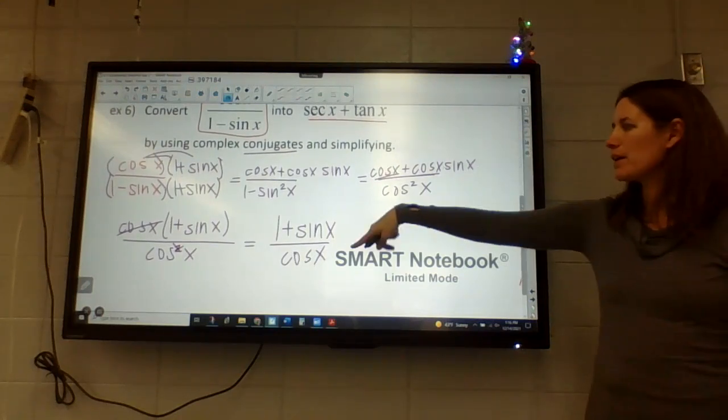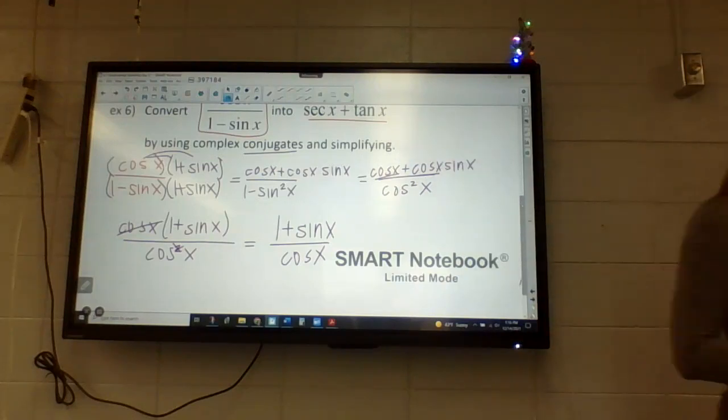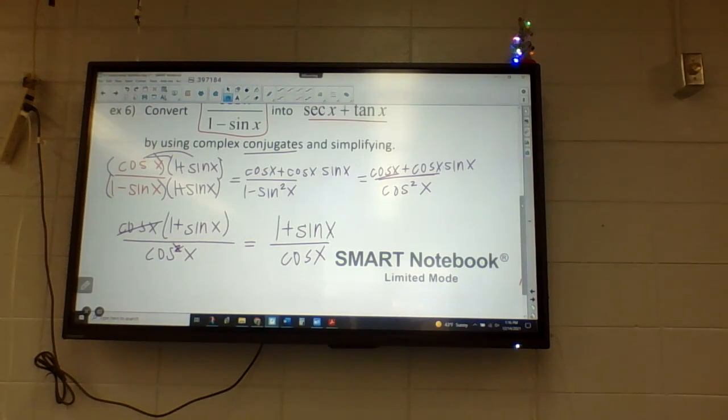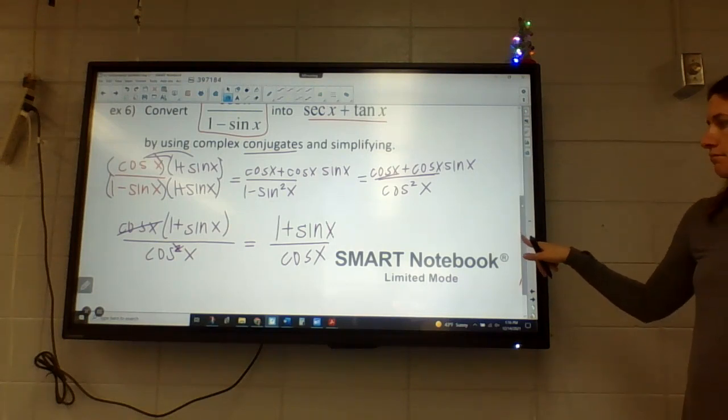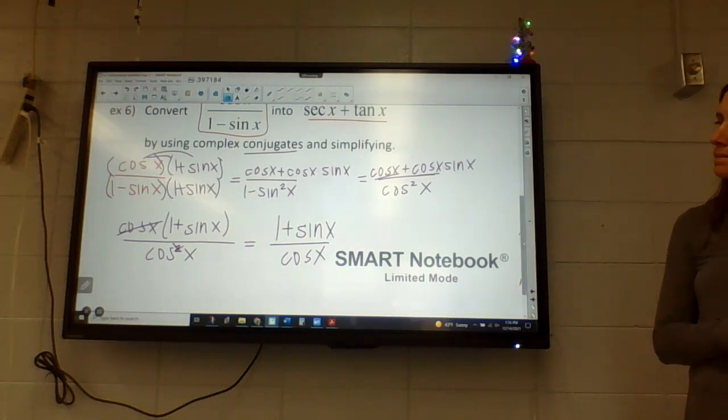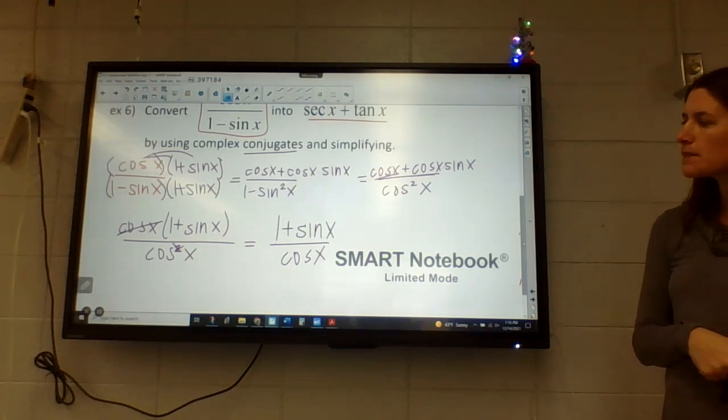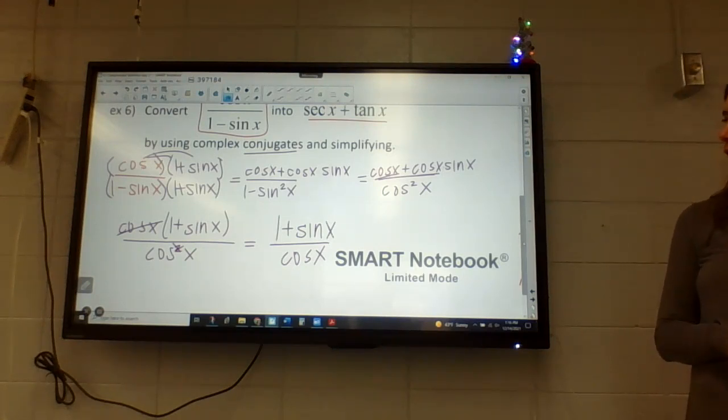Any thoughts on how I can go from there to there? This is kind of a weird step because I wouldn't think to do this unless someone asked me to do this. I feel like that might just make it more complicated, but it's not.